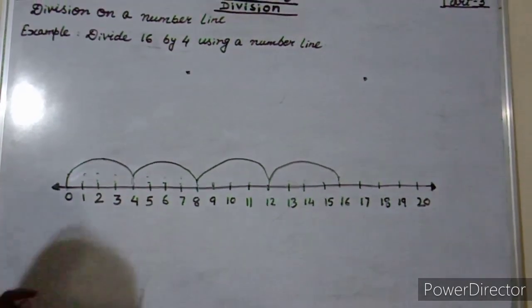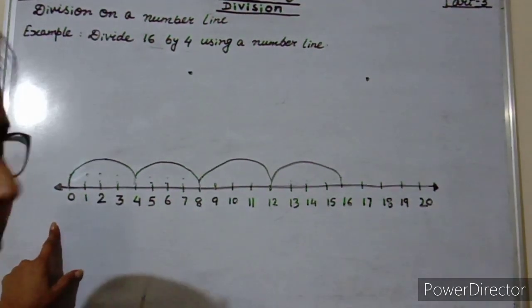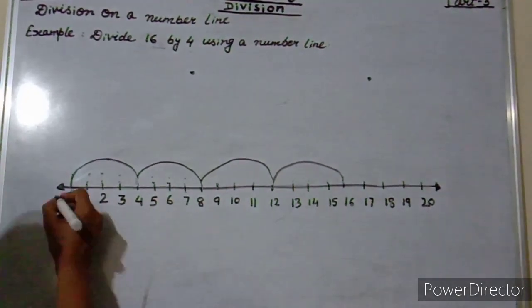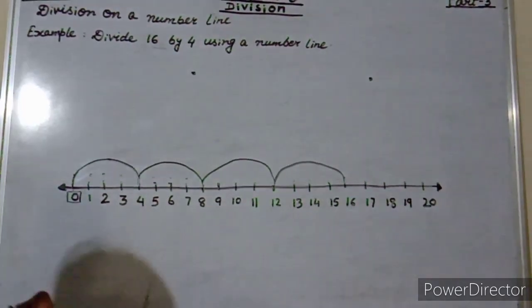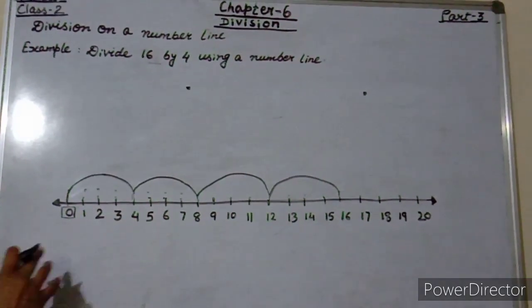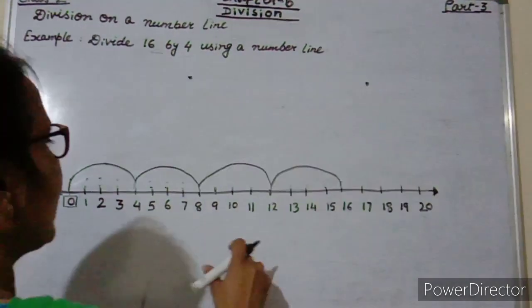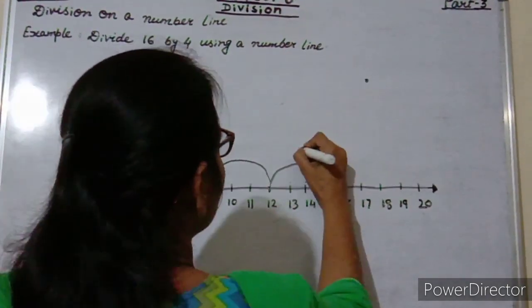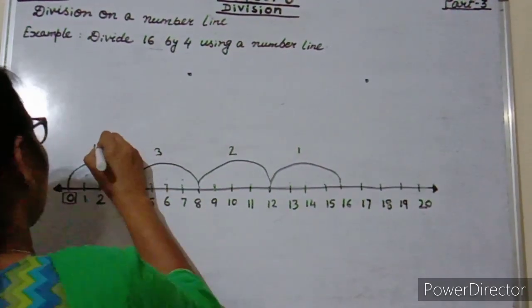Now students, can we move further? No. Why? Because there is no number beyond 0. So students, now count the number of jumps we have made from 16 to reach 0. Step 1, step 2, step 3, step 4.